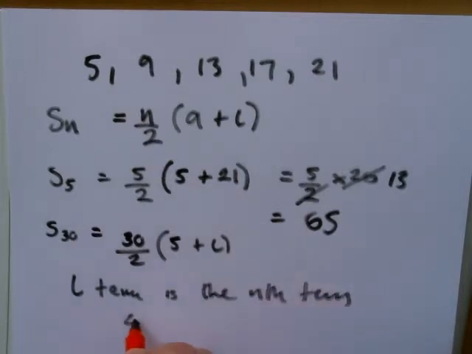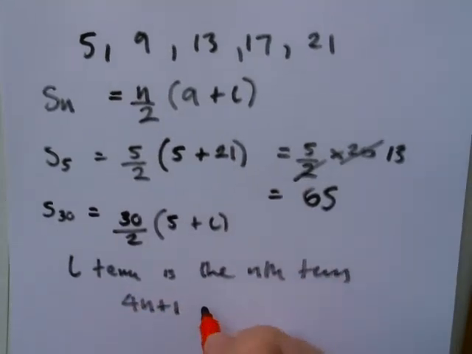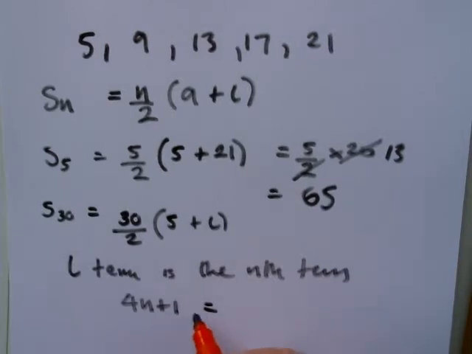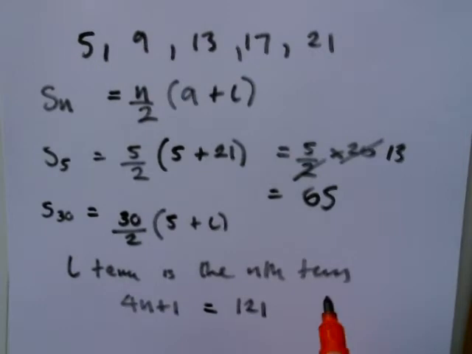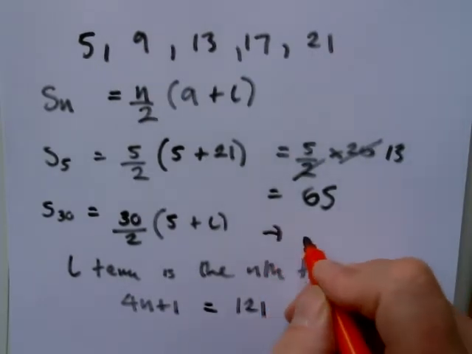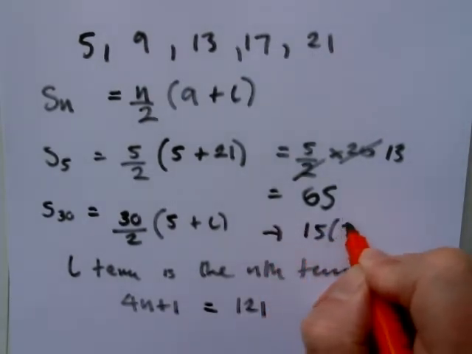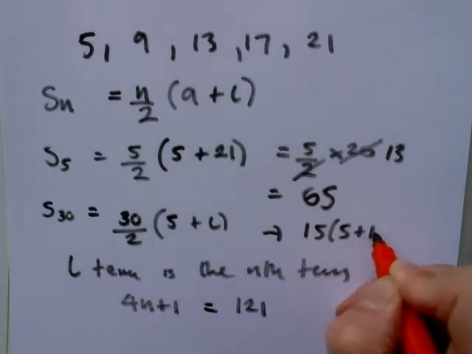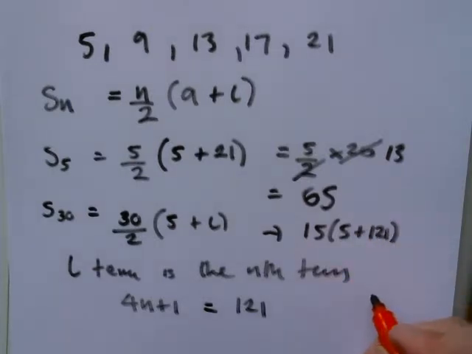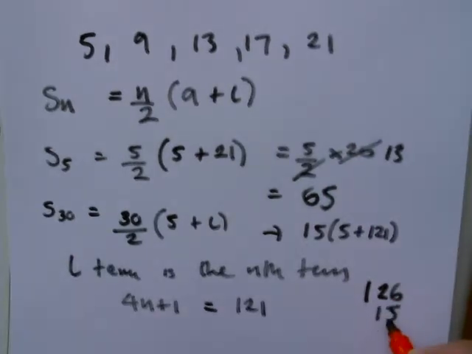And we have the formula for that, which was 4n plus 1. And you remember that that was the 30th term, so it's 120 plus 1, 121. So we can then move this to 15 times 5 plus 121. So that becomes 126 times 15.